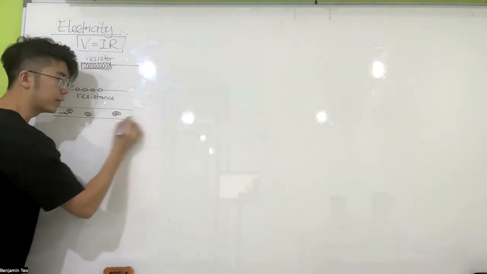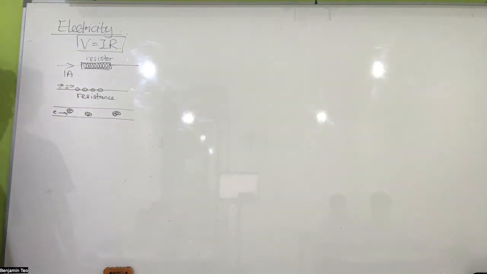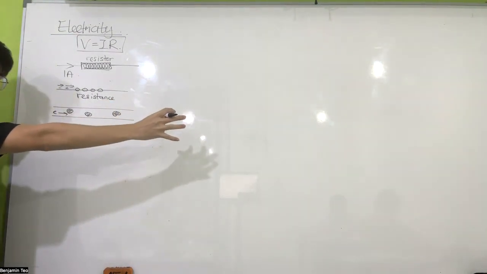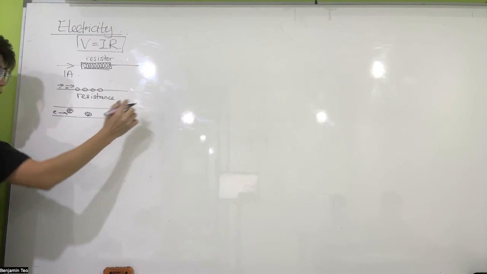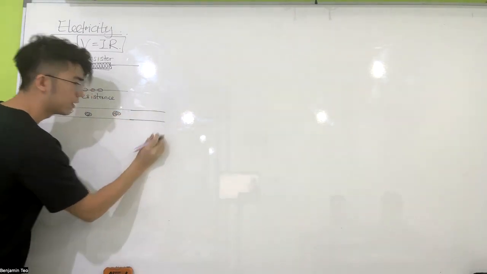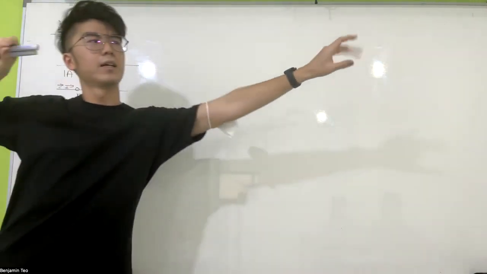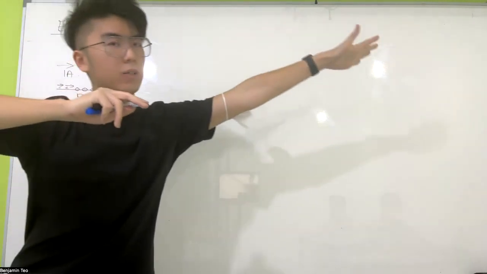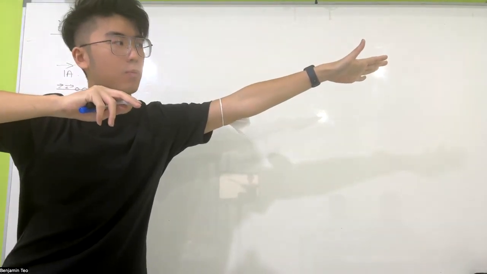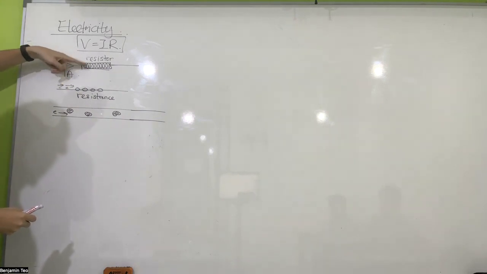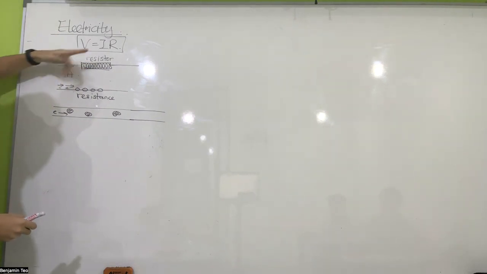So the longer the wire, the more likely it is to run into more collisions. Logically, if your wire is longer, you're going to have more resistance. Make sense, right? So a resistor is when I take a long wire, I coil it up, and then the current passes through it.